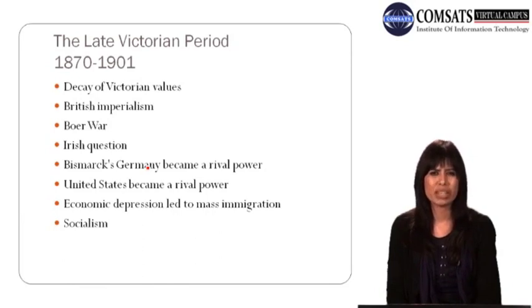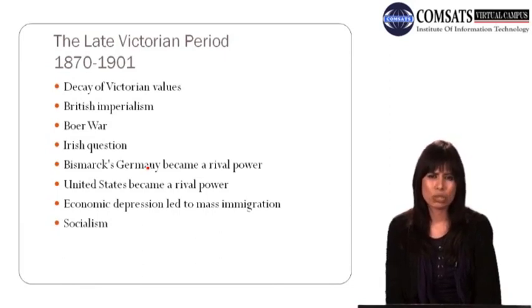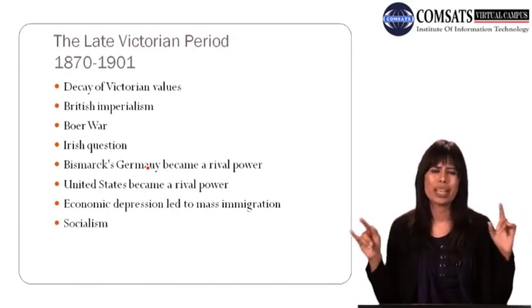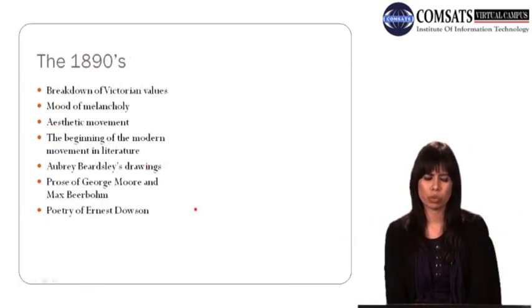So this is an advancement in the Victorian period, and they became very social during this period, and they started migrating from one city to another. So these are the happenings which were going on. Here we're talking about the late Victorian period.